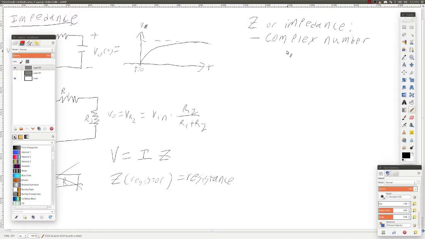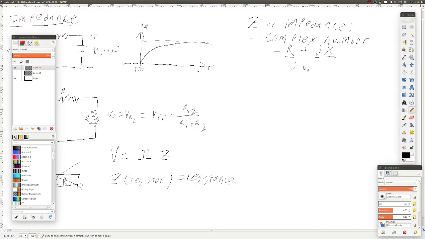So, in the case of impedance, it is R, the resistance, which is a real number, plus jX. R is the resistance, X is the reactance. Together, they make impedance.